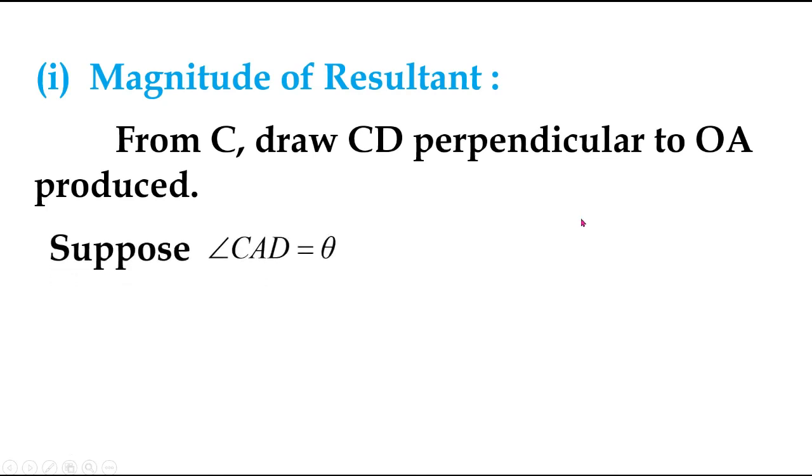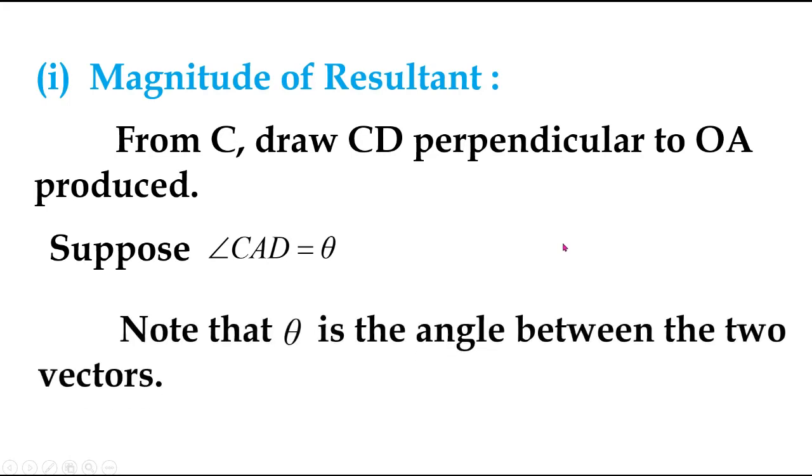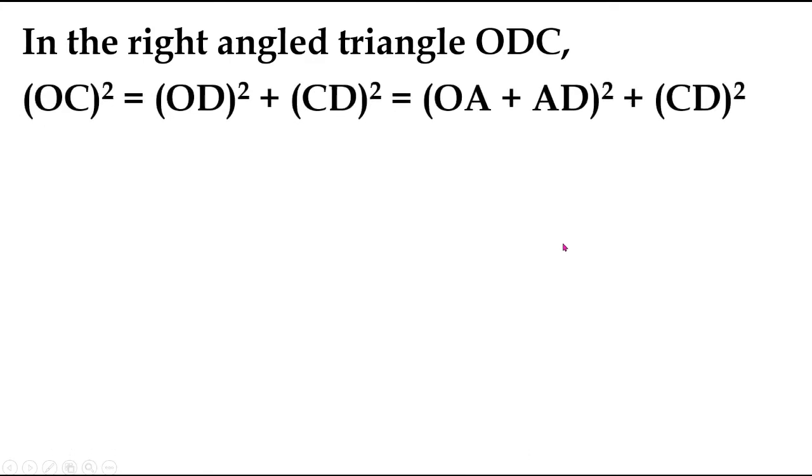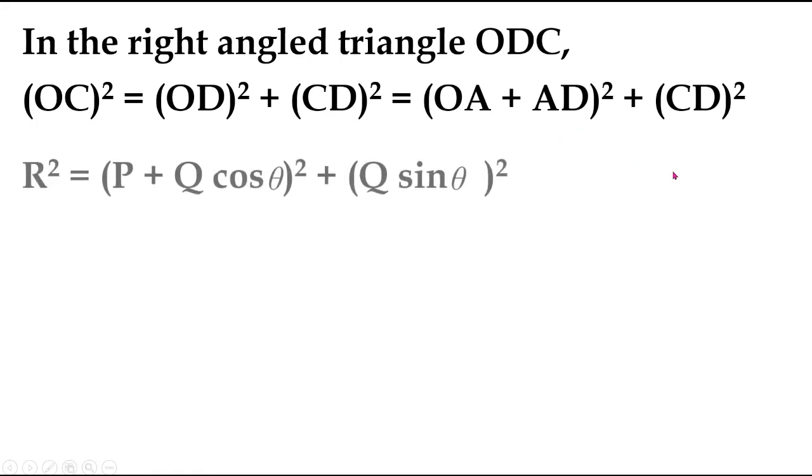So angle CAD is equal to theta, the angle between P bar and Q bar vectors. In the triangle ODC, according to Pythagoras theorem, OC square is equal to OD square plus CD square. OD can be written as OA plus AD. So OD square plus CD square is equal to (OA plus AD) whole square plus CD square.